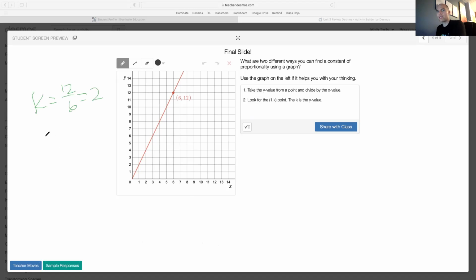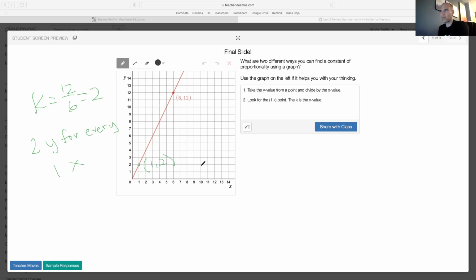Well, what this 2 means is that you get 2y for every 1x, right? That's sort of like the rate of the ratio that's going on here. And so if we go to 1 on the x-axis right here, then you'll notice that the line crosses at 2, right? For 1x, we get 2y, or in other words, the point 1 comma 2.